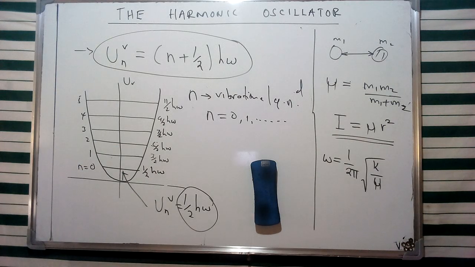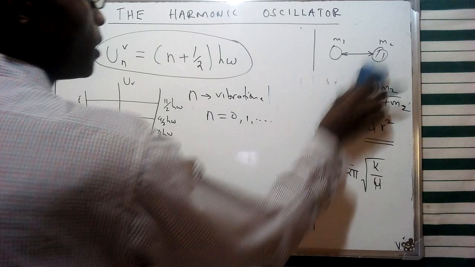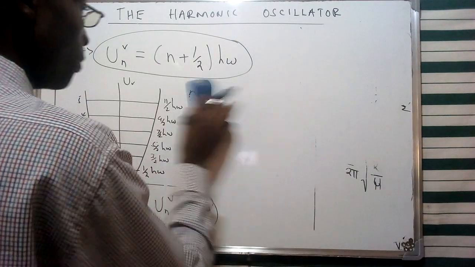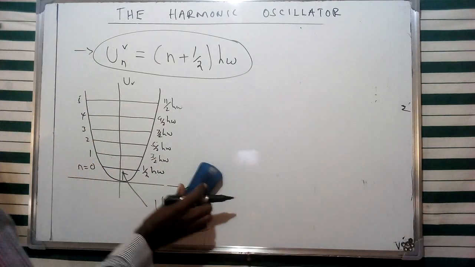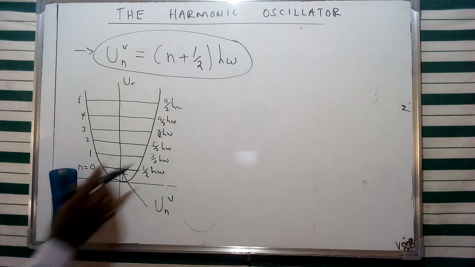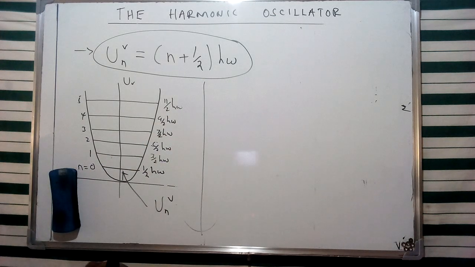Now, in this case, I'm going to use the general illustration for a partition function, which is given in terms of Q. Therefore, this is going to be Q vibrational.